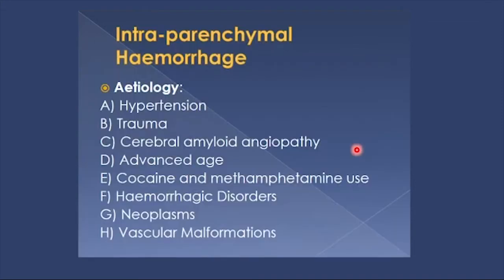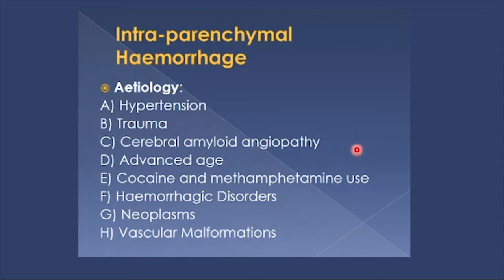In this case, we are dealing specifically with intraparenchymal hemorrhage, which has etiologies, as you can see here. Here you can differentiate between primary and secondary causes: hypertension, trauma, amyloid angiopathies, advanced age, cocaine and methamphetamine use, hemorrhagic disorders, neoplasms, and vascular malformations. All these can cause intraparenchymal hemorrhage.